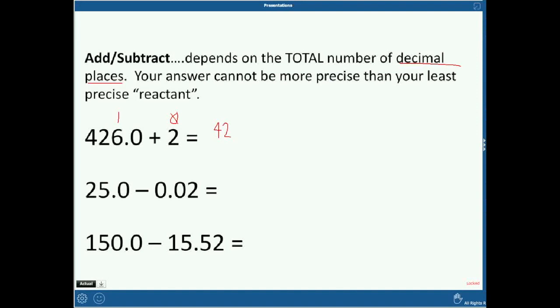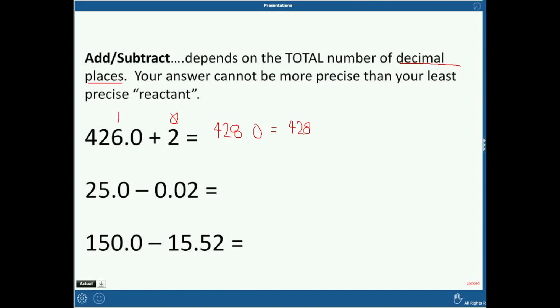I'm going to try and do this one in my head because I think I could do 6 plus 8. We'll have 428, and technically it would be like 428.0. But that gives us a decimal place. So then our answer would just be 428. And that gives us our 0 decimal places.